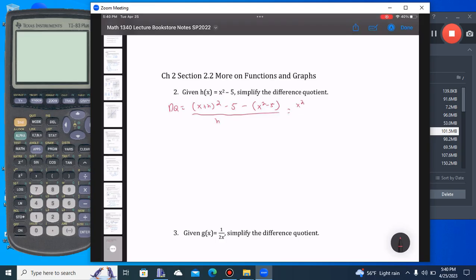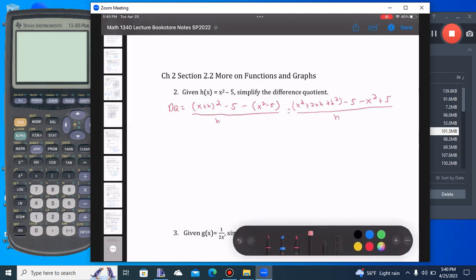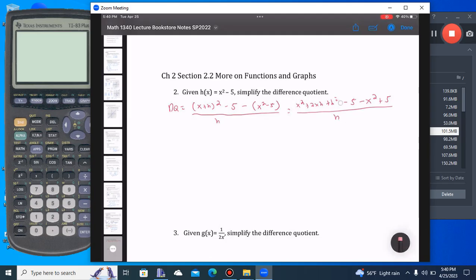So we have x squared plus 2xh plus h squared minus 5 minus x squared plus 5, that would be over h. And I don't need these parentheses.